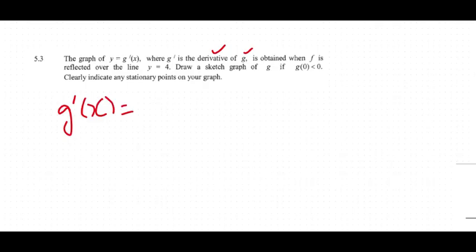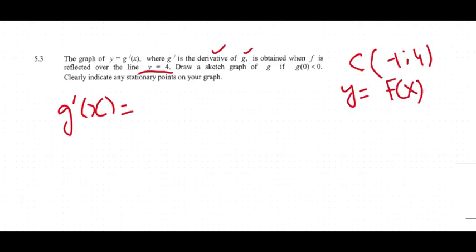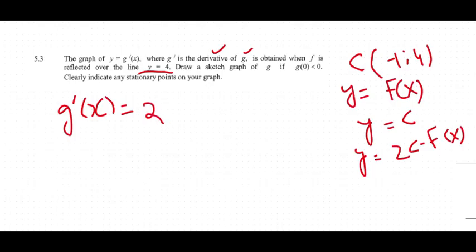Okay, so the turning point C, which is given as minus 1 and 4, lies on the line of reflection, so it remains invariant. The formula for reflection: y equals f of x, reflected over y equals c, gives y equals 2c minus f of x. So we write the equation like 2 into 4 minus f of x.